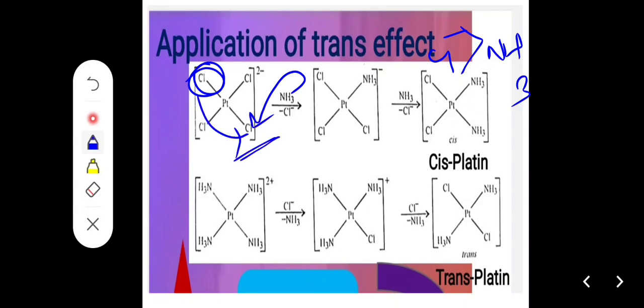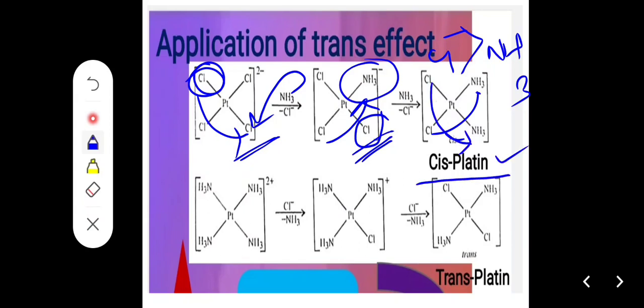Okay. So trans to the Cl minus, ammonia is placed. Again, Cl minus has a trans effect more than ammonia. So this Cl minus directs the other ammonia to be trans to it. Okay. So by this way we get cisplatin.